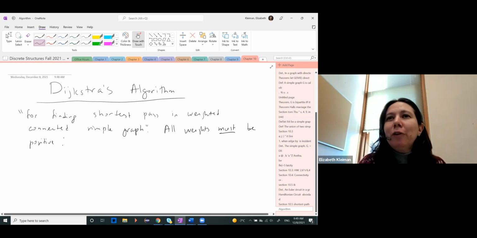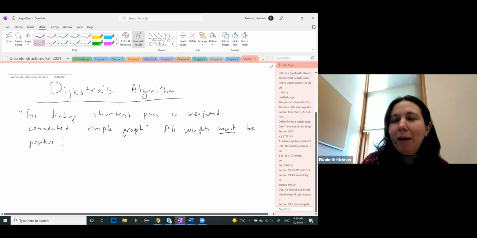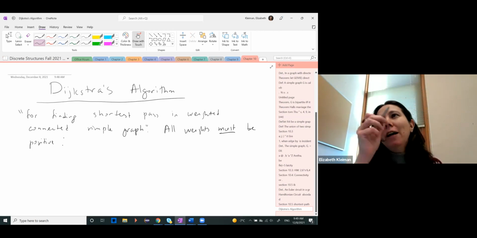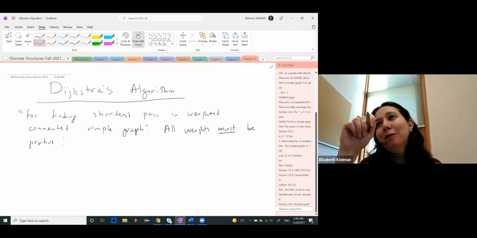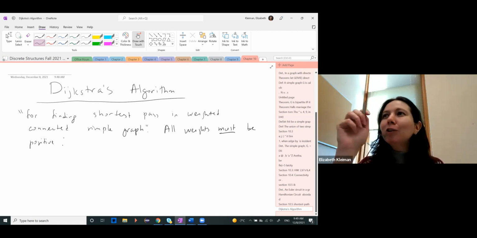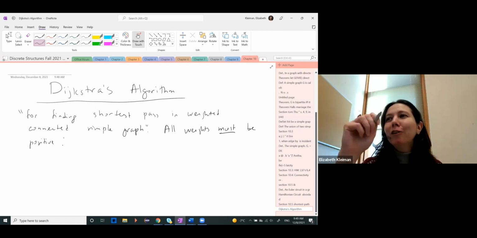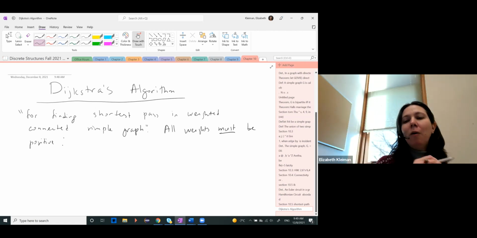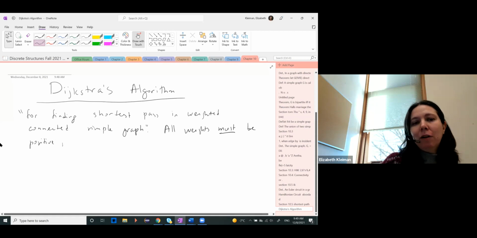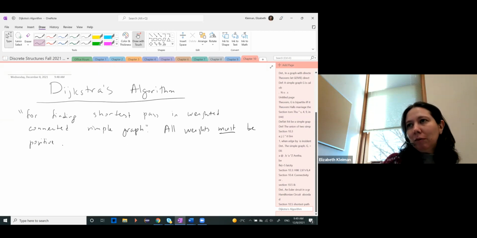Now, the idea that all weights must be positive comes from the fact that if I have a negative weighted path and I have a cycle, I can continue circling, circling, circling, and my weight is going to become smaller and smaller. So I'm going to get infinity, correct? So we really must have all weights positive.